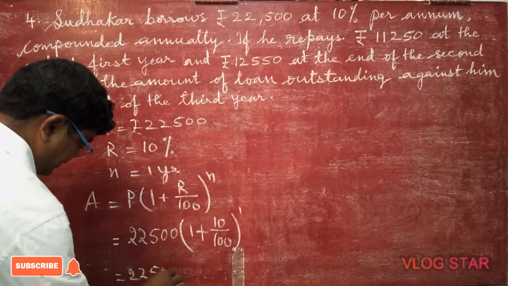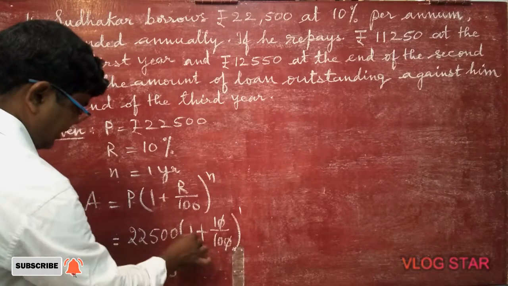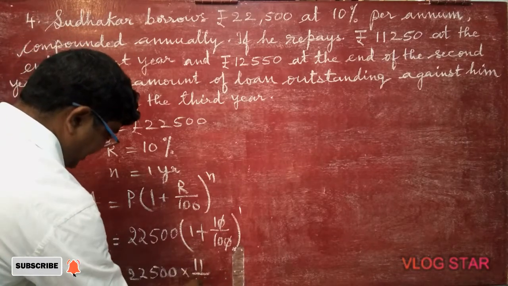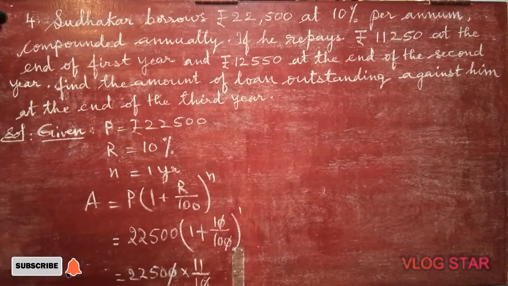That is equal to 22,500 into, here 0, 0 cancel. 10 ones are 10, 10 plus 1, 11. 11 by 10. 0, 0 cancel. Now multiply.